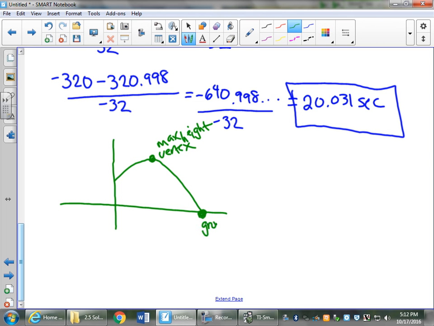Versus the ground. I could have also said, find the time. This is, remember, 10 feet because it started 10 feet high. I could have said, find out how long it took for it to reach a height of 13 feet. Okay? That would happen at two locations because it would hit 13 feet on the way up and 13 feet again back on the way down. Even though those are not on the x-axis, these are still considered the roots.